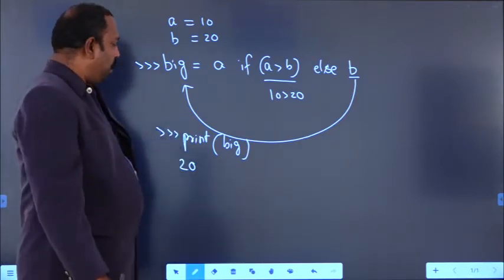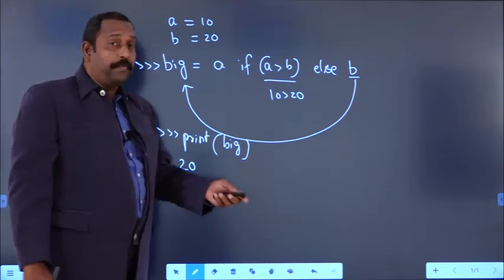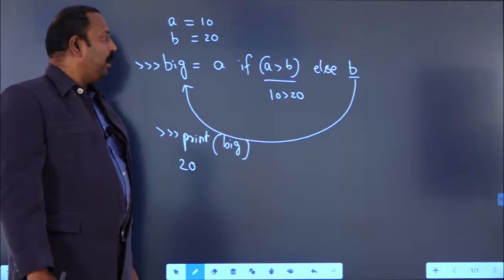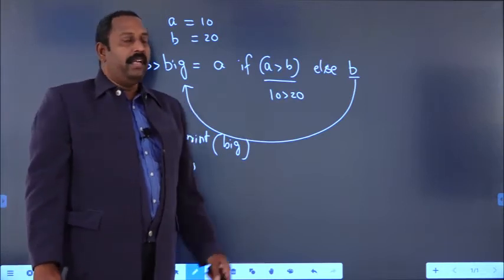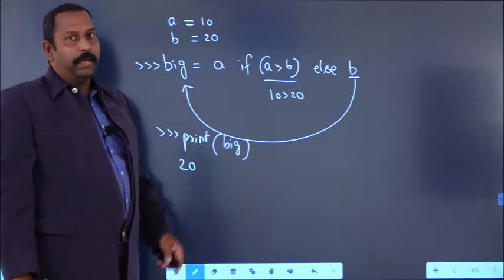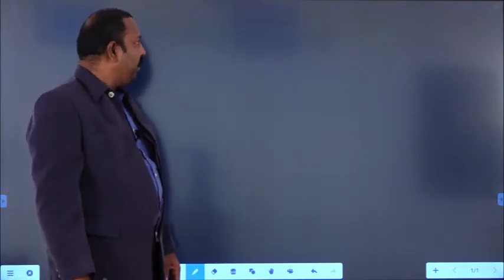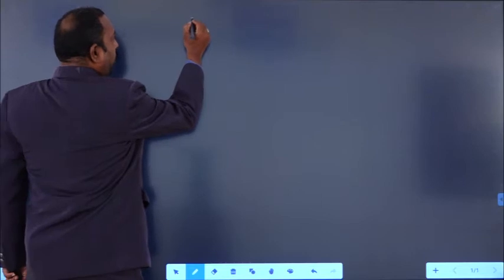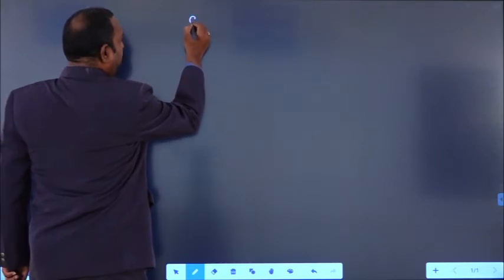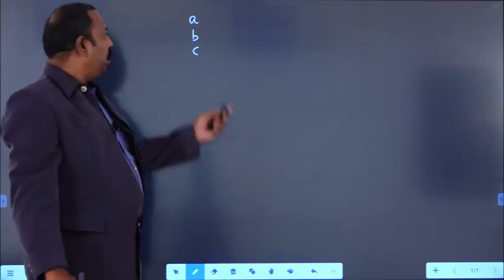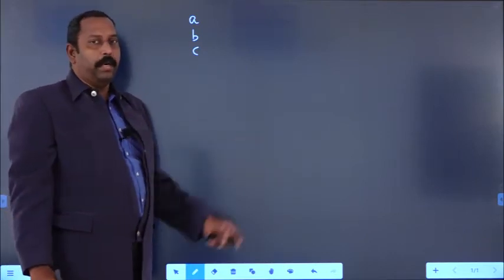Now suppose I want to find the biggest of three numbers. Then we have to go for nested ternary operators. For example, I have taken three variables a, b and c. Now I want to find the biggest of three numbers.